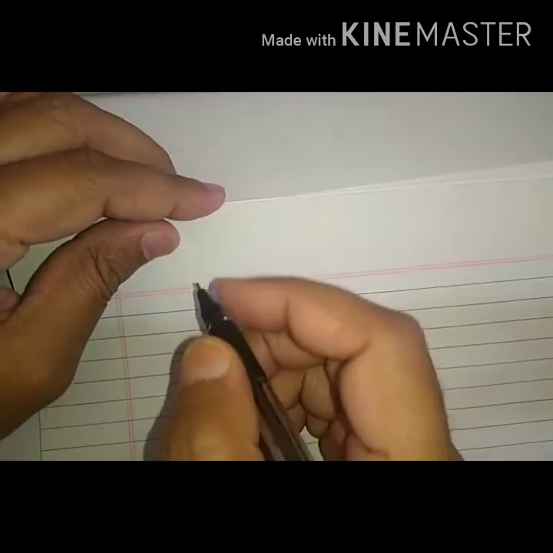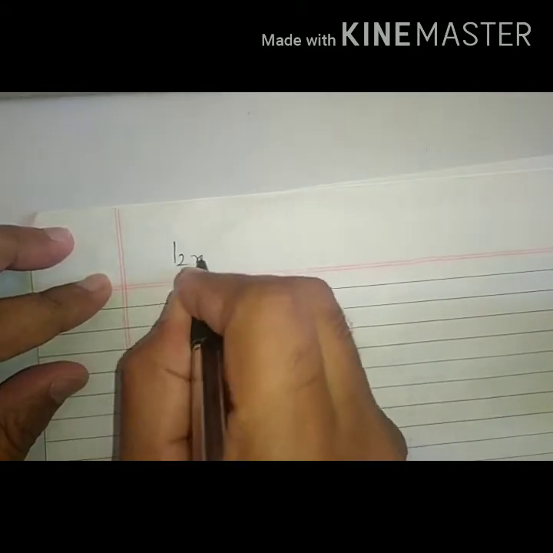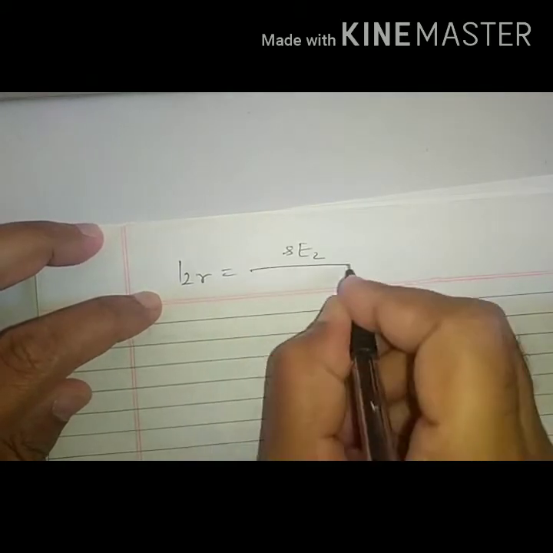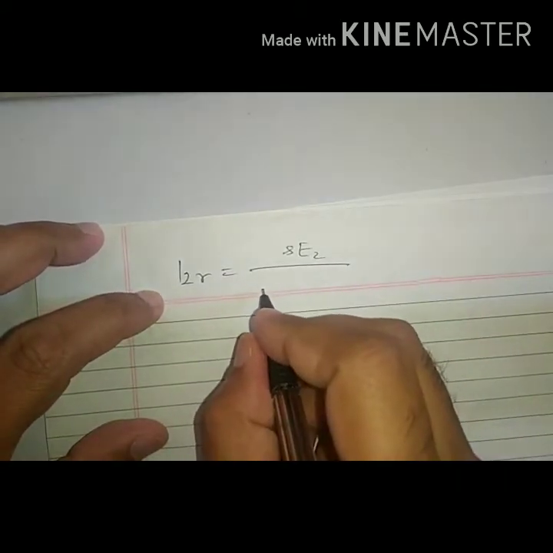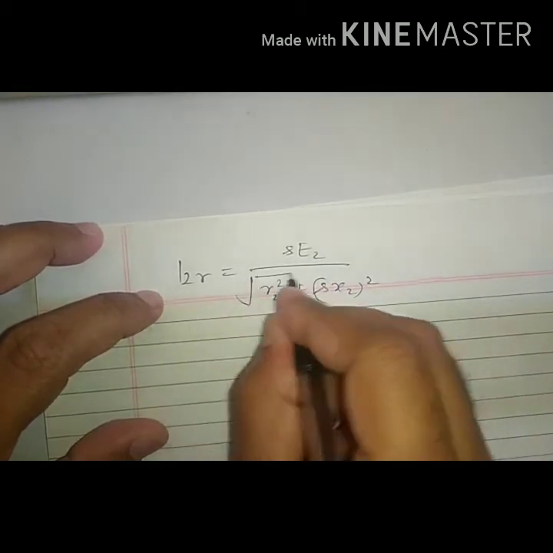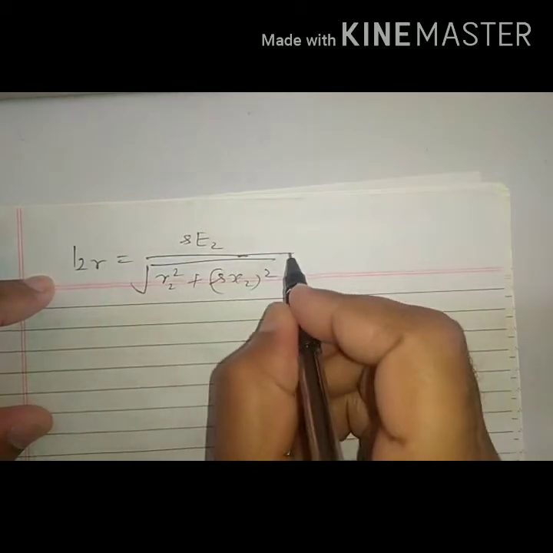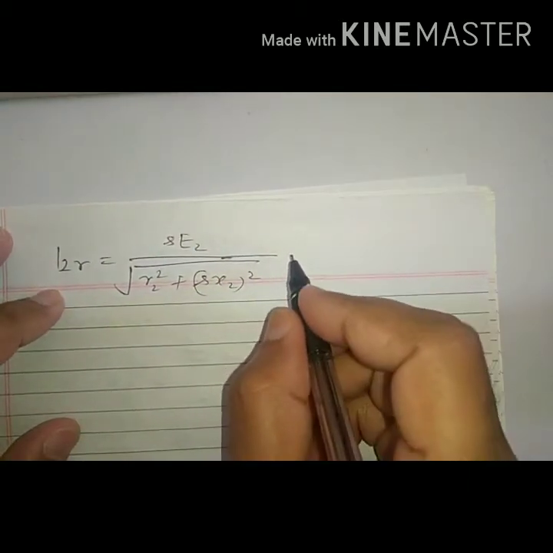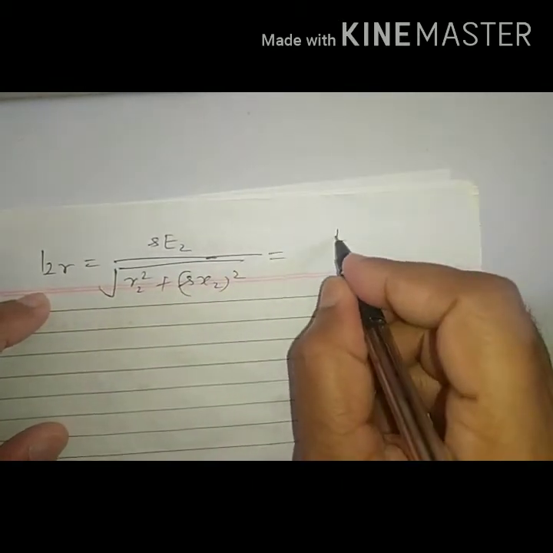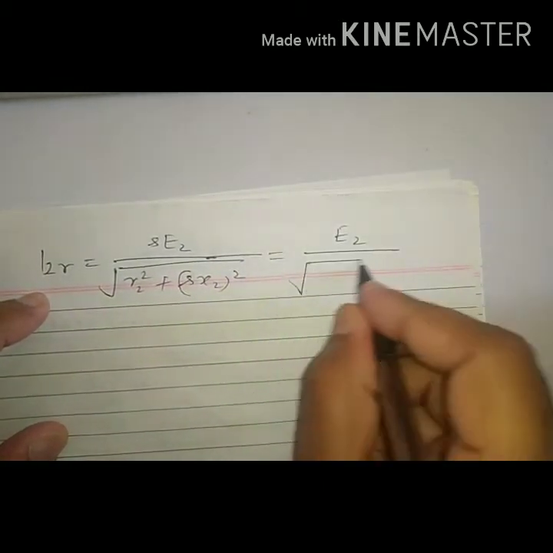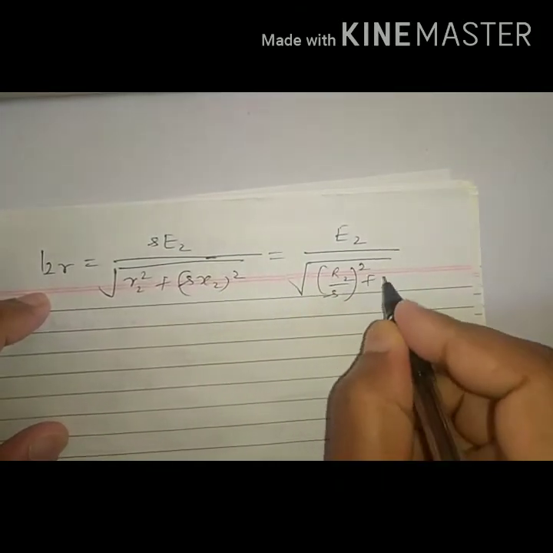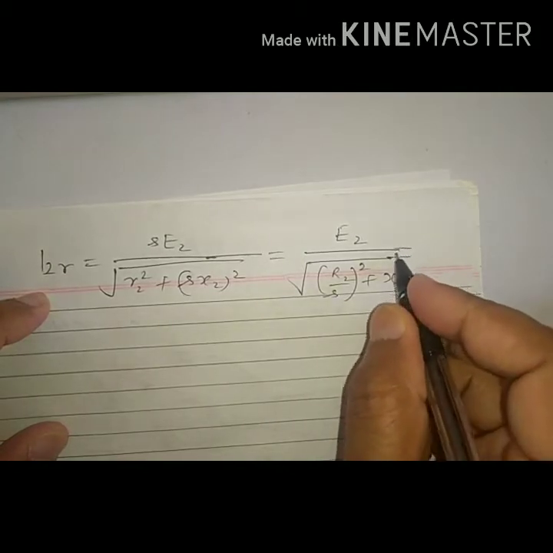Before transferring, let me work on the rotor side circuit. On the rotor side I can write I2R equal to SE2, that is E2R, by the square root of R2 square plus SX2 whole square. We know this. So I can rewrite it by dividing both numerator and denominator by S. I will have E2 by the square root of R2 by S whole square plus X2 square.